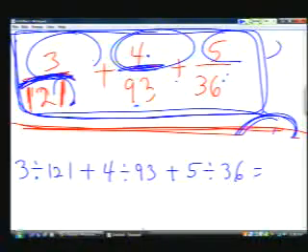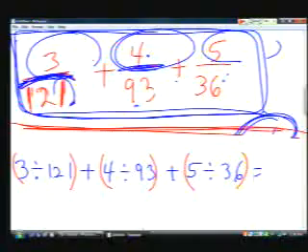And you don't even need to put in these parentheses that I'm putting in red. These are totally unnecessary. So on your handy-dandy calculator, some of you probably already have it done. 3 divided by 121 plus 4 divided by 93 plus 5 divided by 36. Rachel, what'd you get?